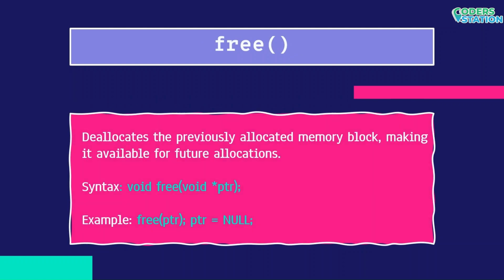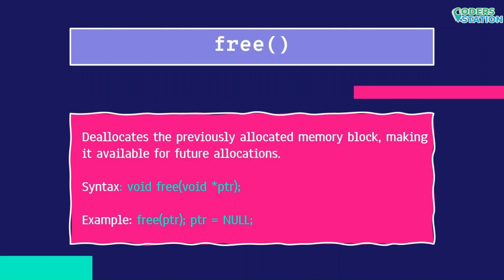Finally, the free function. The free function deallocates the previously allocated memory block, making it available for future allocations. The syntax is very simple: void free(void *ptr), where void *ptr is a pointer to the memory block which is to be freed.